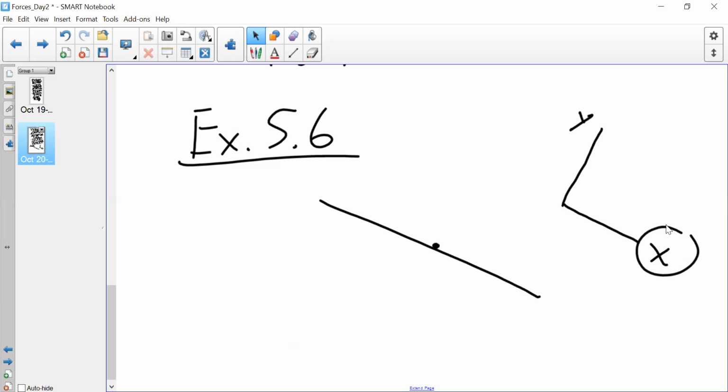This is a surface, so there's a normal force that points up like this. Now the force of gravity is always going to be pointing down towards the center of the earth, straight down. But notice something. The vector of the force of gravity here is not in the y or x plane, it's off axis.